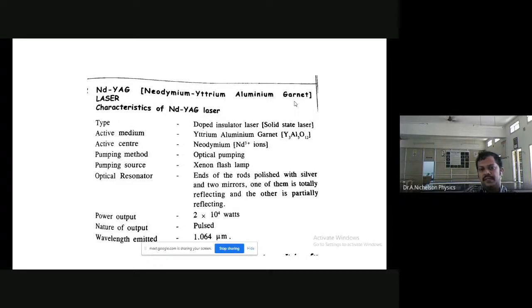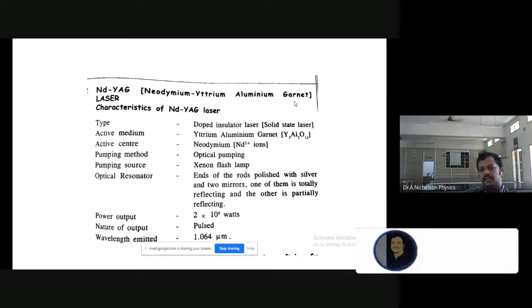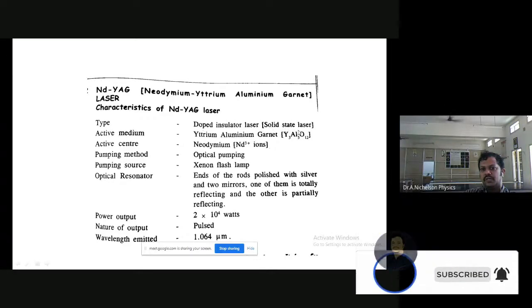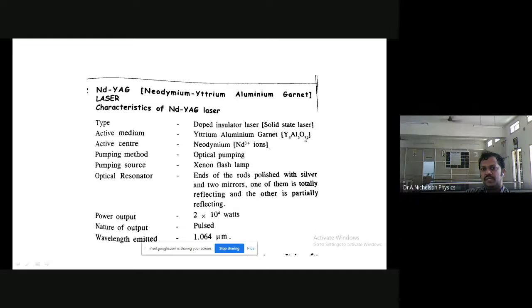Now for the neodymium YAG laser, I haven't explained this before, so just have a look. Already we have studied it. The type of the ND YAG laser is a solid state laser, and the active medium is the rod, yttrium aluminum garnet, and the active center is the neodymium Nd3+ ion. The pumping method is optical pumping.